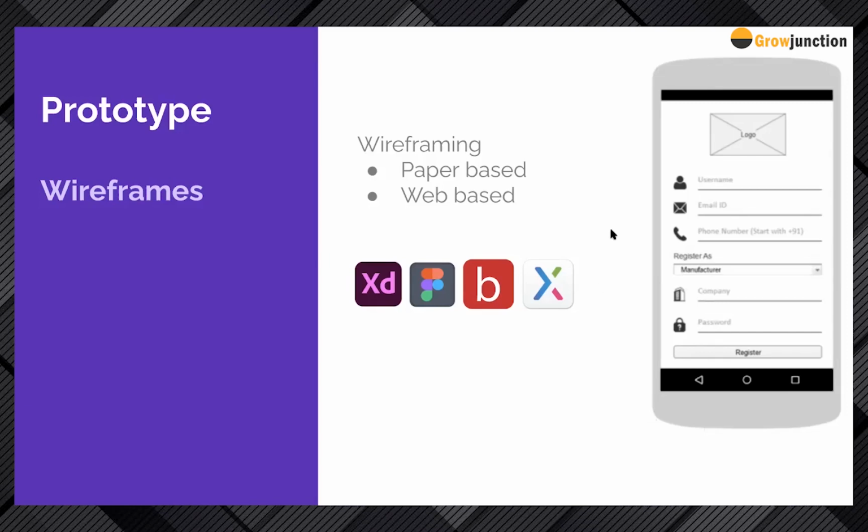So if you are fine with paper-based wireframing, then it is good to go ahead. If your team is not fine with paper-based wireframing, then there are some tools on the web which you can use to create these wireframes over the internet. Some of these are Adobe XD, Figma, Balsamiq, and Axure XP.